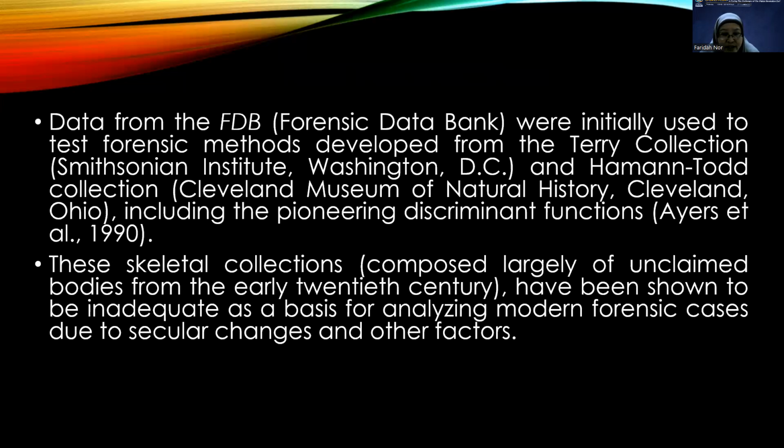Initially, the data came from the Forensic Data Bank, which was developed from the Terry collection in Washington, D.C. and in Cleveland, Ohio, and they actually comprise unclaimed bodies from the early 1900s.